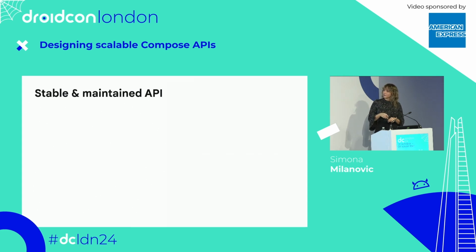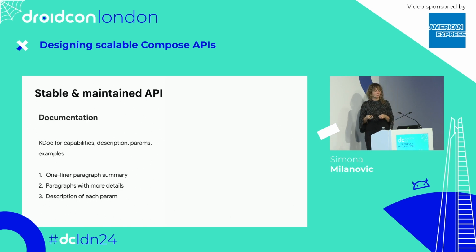And finally, for long-term stability and maintenance of your API, consider writing appropriate documentation, which should follow the KDoc guidance and syntax, and should clearly communicate the API capabilities, a description of its purpose, parameters, expectations around those parameters, as well as usage examples where possible.